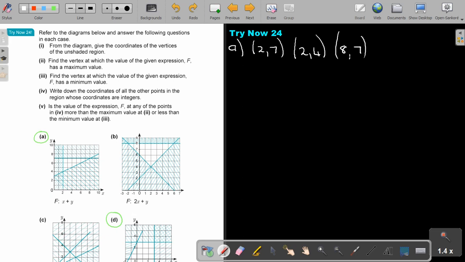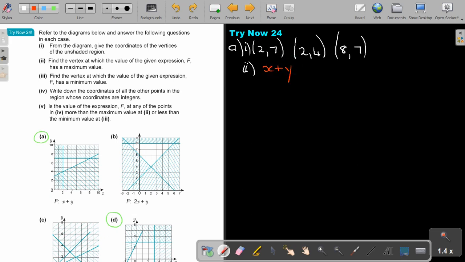Okay, so that will be the first question. Now they ask you, find the vertex at which the value of the given expression f has a maximum. In this case, the expression is x plus y.